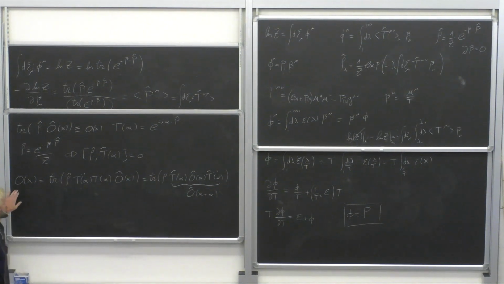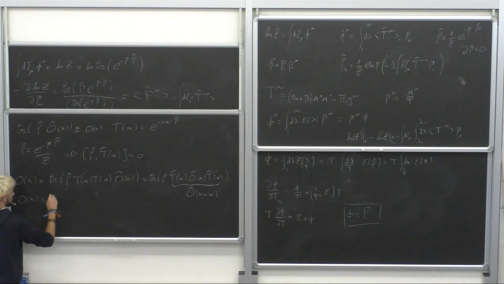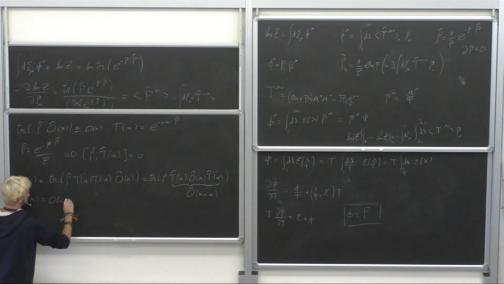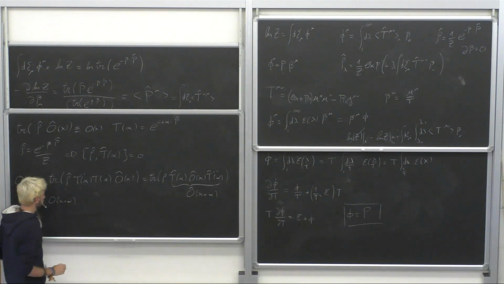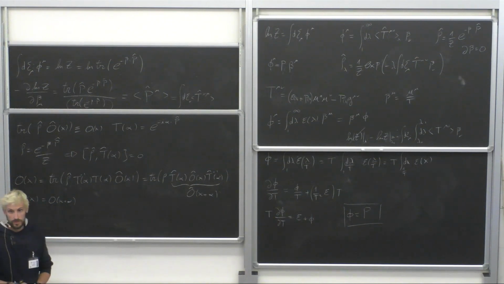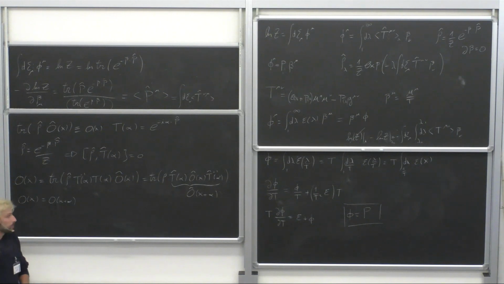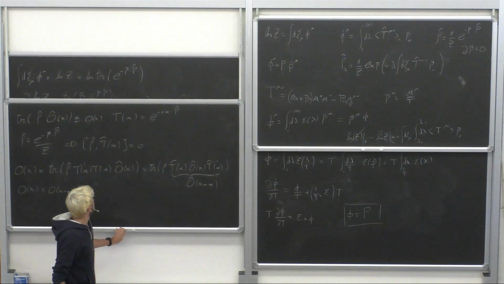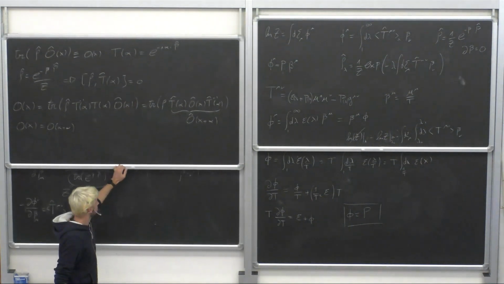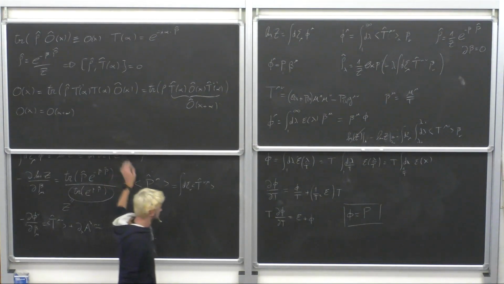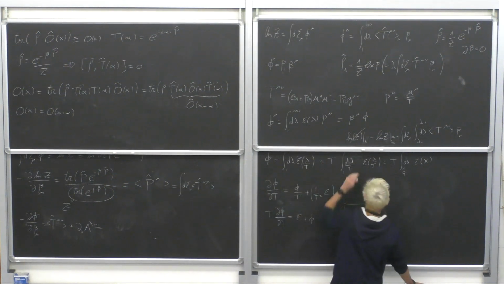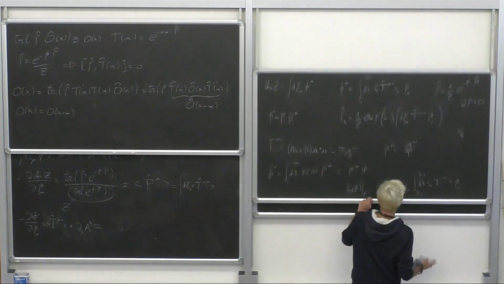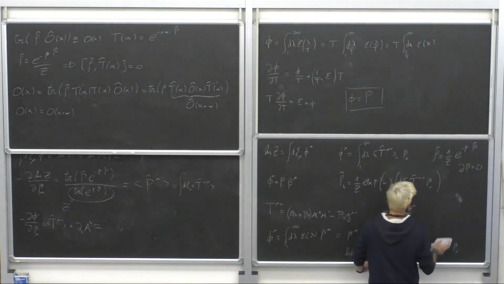And we have shown that O of x is equal to O of x plus alpha for any alpha. And it means that O does not depend on the space-time point. Let's just remove this.